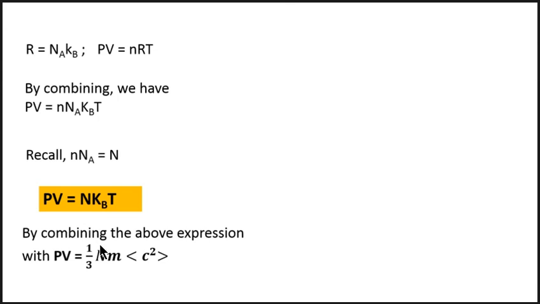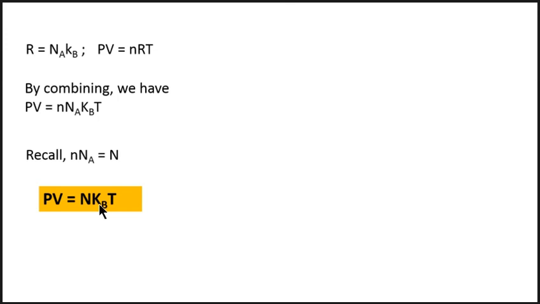Now, by combining the above expression right here with the other expression for molecules moving in the same direction but in 3 dimensions, which we derived earlier on, which is PV equals NM.